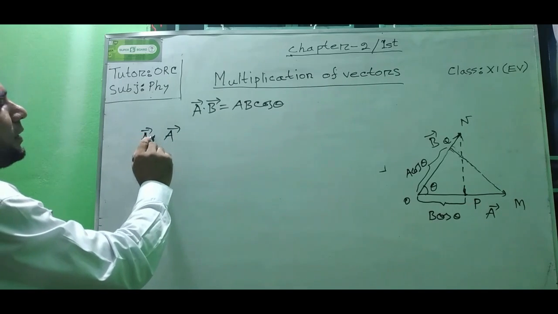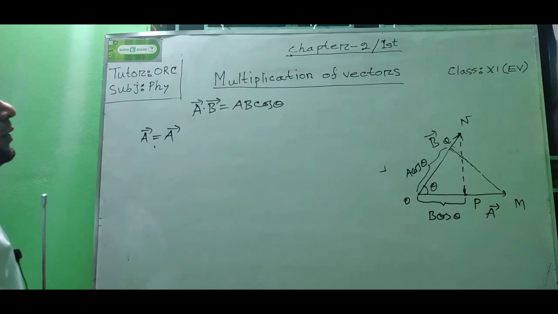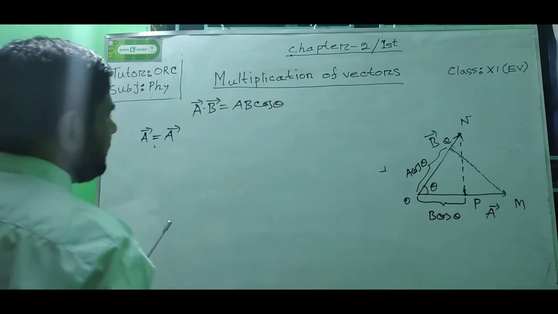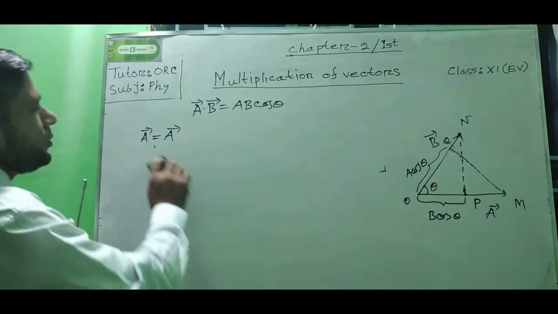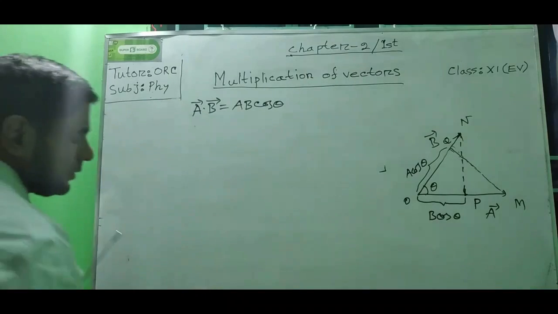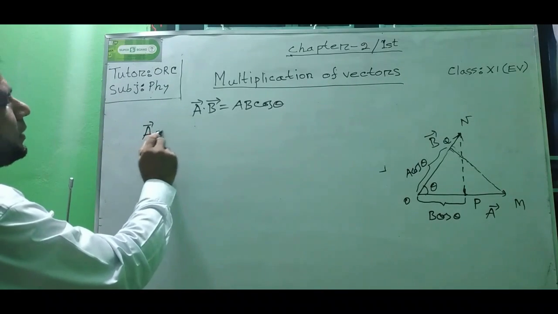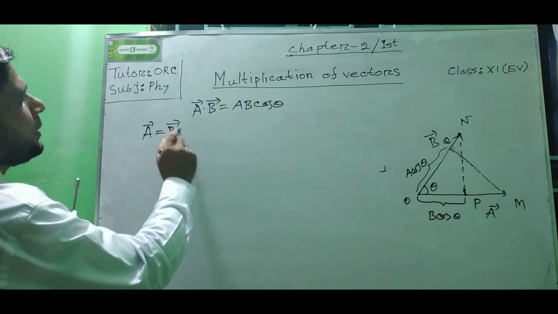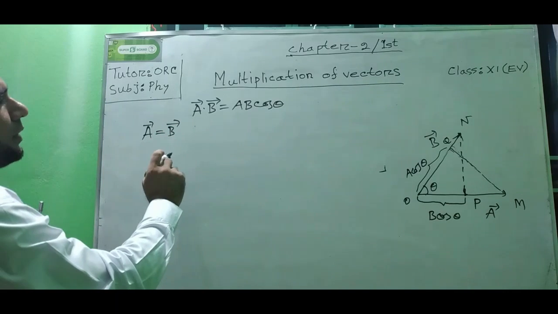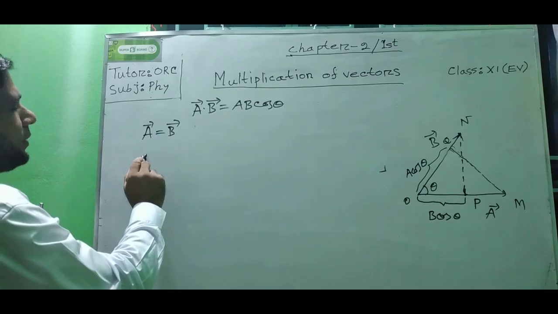Suppose vector A equals vector B. Now if we multiply A and B, what will be the value?